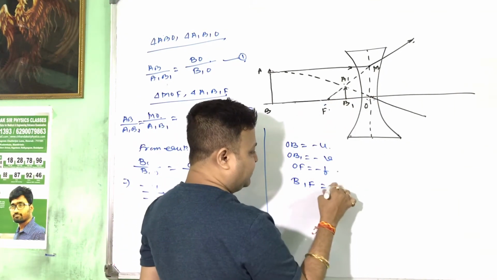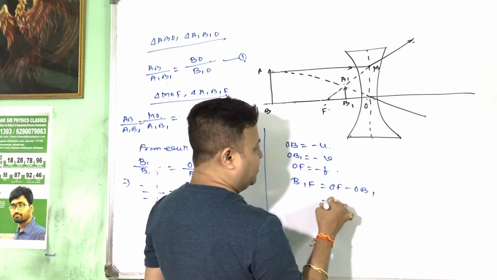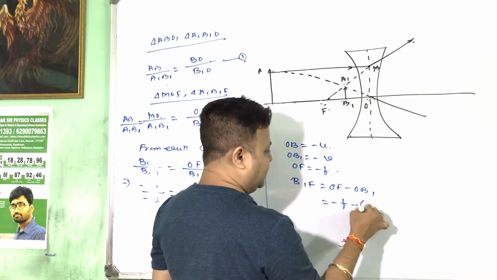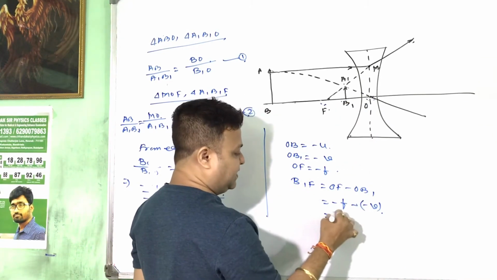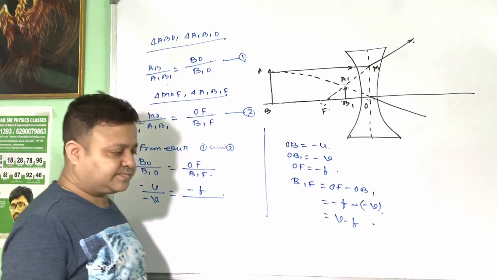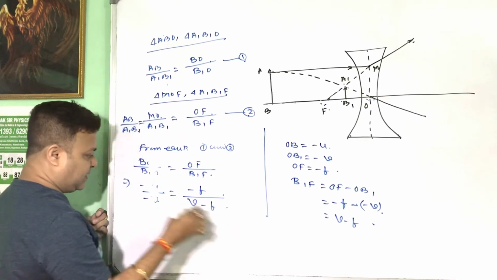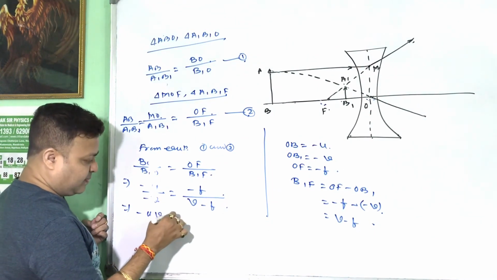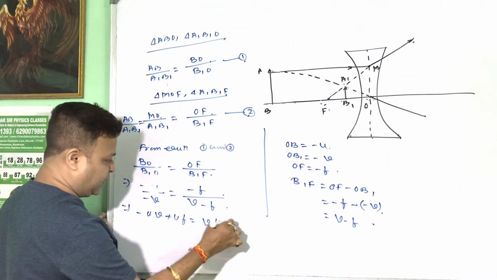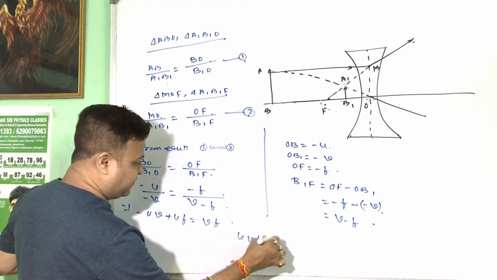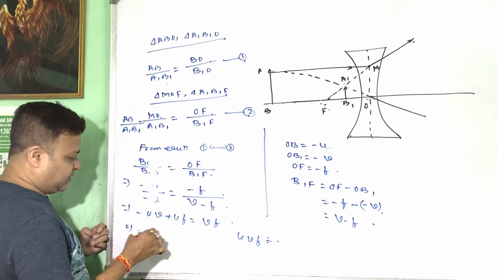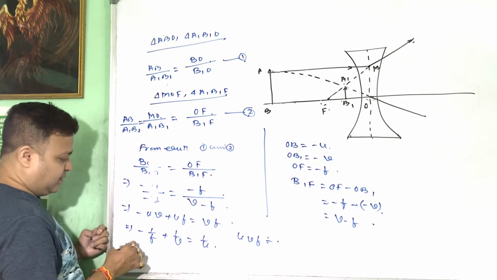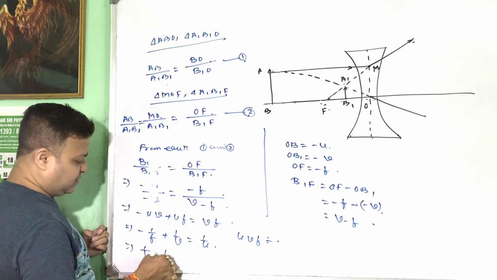That is OF minus OB1, that is minus f minus OB1, that is v minus f. Multiplying and cross multiplication, dividing by uvf, that is minus 1 by f equals 1 by v minus 1 by u, or interchange, same as well.